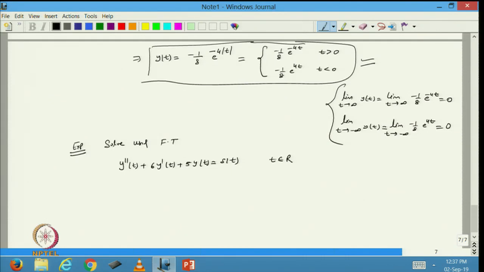So this is my differential operator, L of y(t) is equal to delta(t), and this one I want to solve.